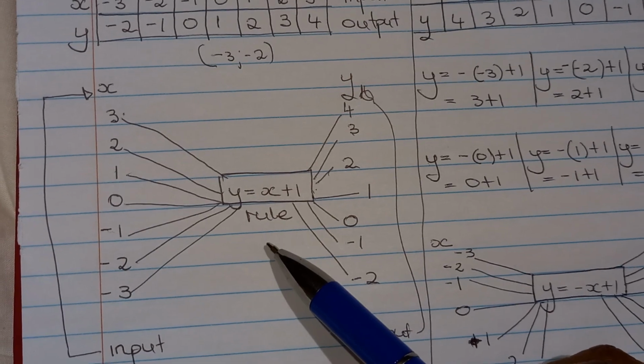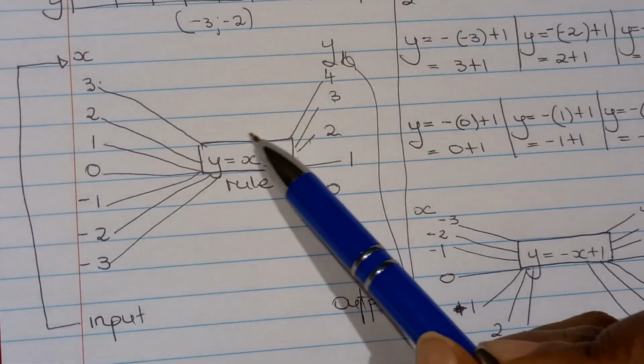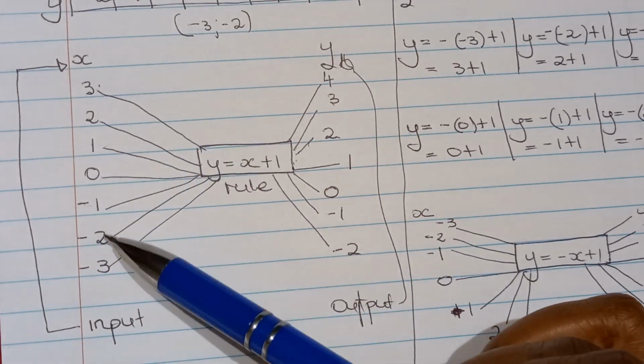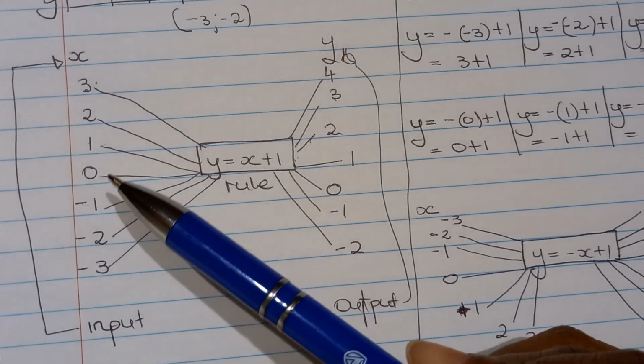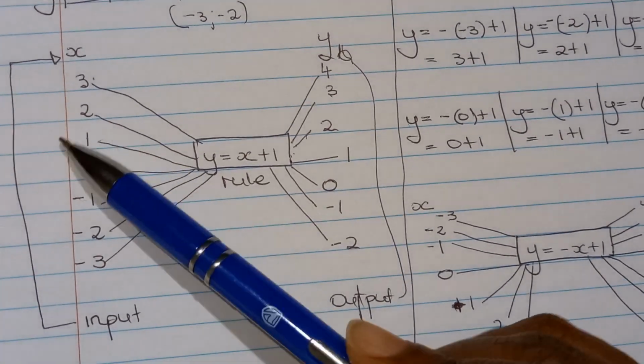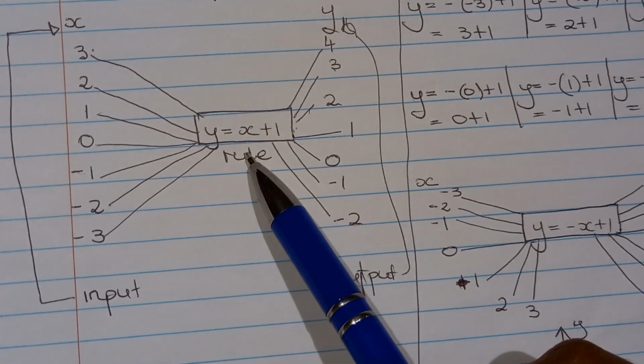Because at grade 8 mostly you'll be given the rule and the input for you to find the output. But when you proceed at grade 9, they may give you the input and the output. You must find the rule.